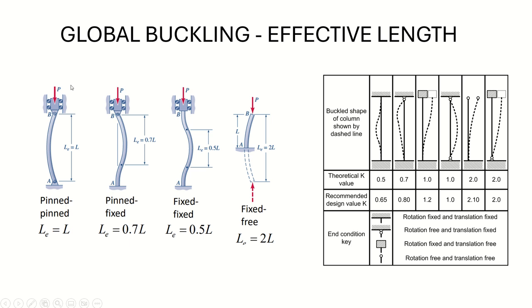You can see that, for example, a double pinned column has a full length, but if you have a double fixed column, you will have a reduced effective length due to the change in the curvature of the deformation. Okay, you have to apply the respective effective length factor to your design in order to do a proper verification of the design.